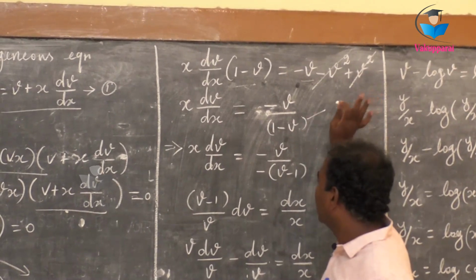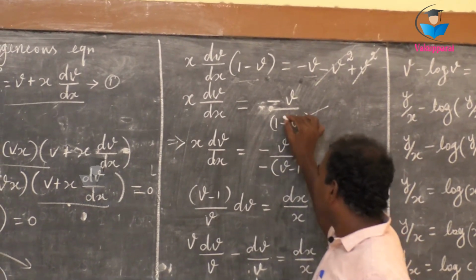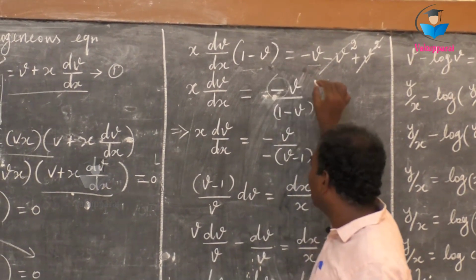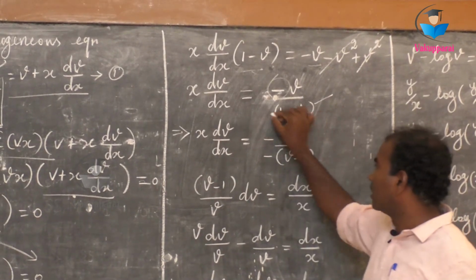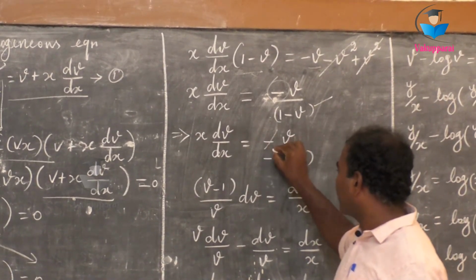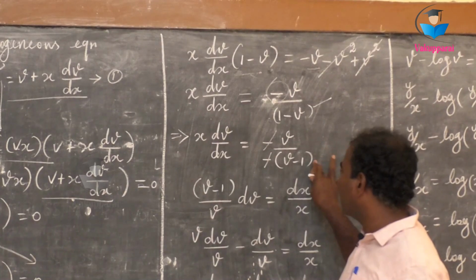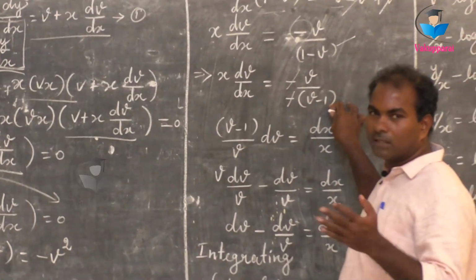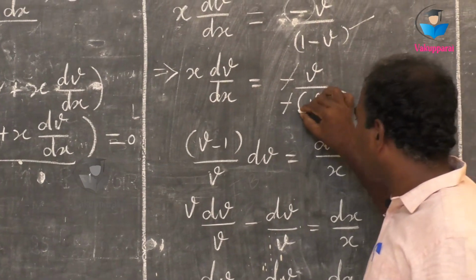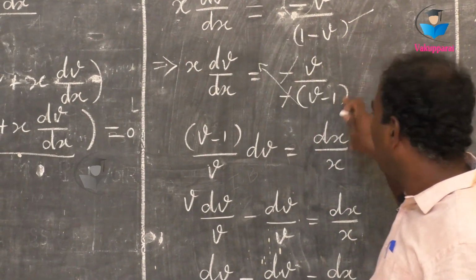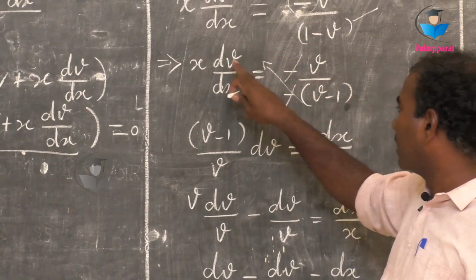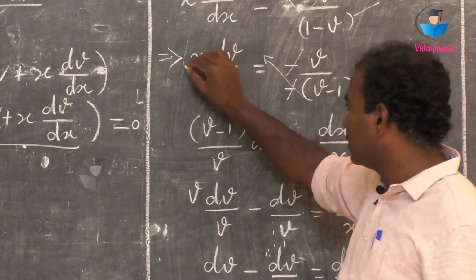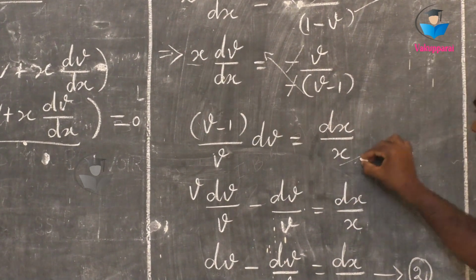Just cancelling this minus, we take one minus common from this. We can cancel and we will get this term. Then the variable separable method we use here. When it goes to that side, it goes as a multiplication. When x comes to this side, it becomes division.